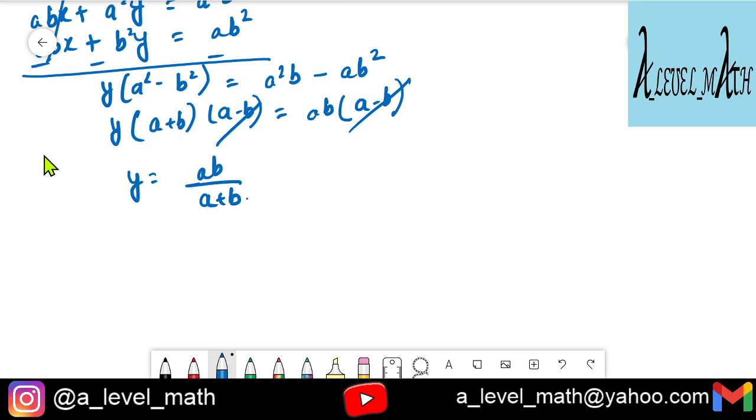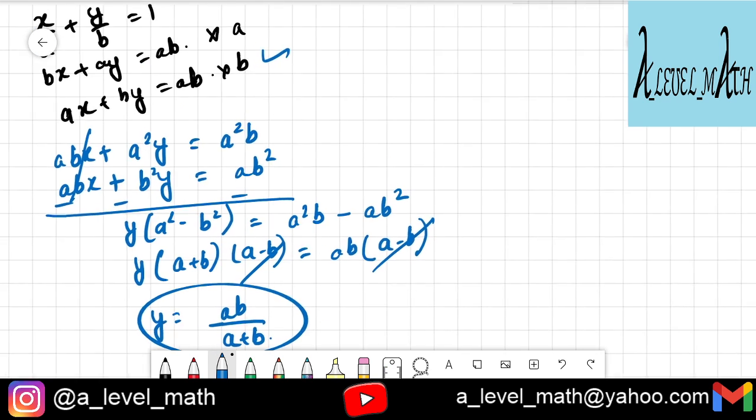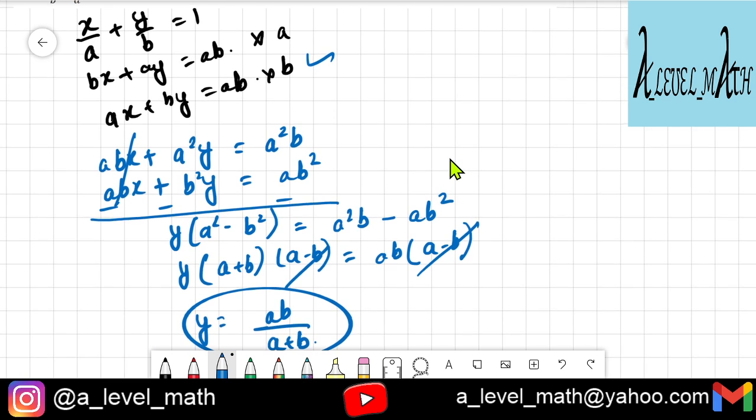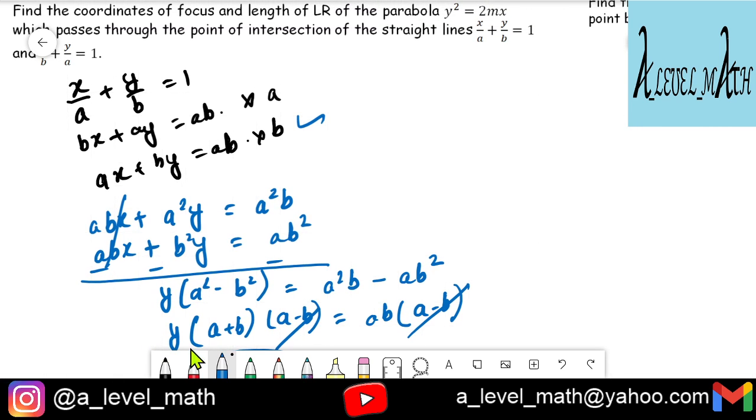Now what I do is that I plug in this value of y in the above equation. So I get bx plus a times ab by a plus b is equal to ab.